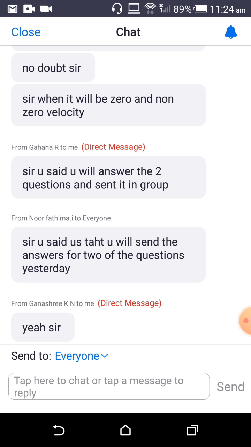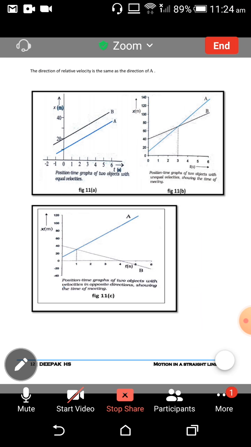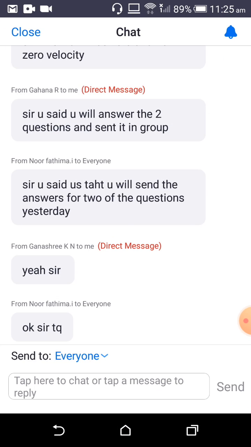One is alpha is equal to 1 by t, and one is regarding Young's modulus, I think. Okay. So this is regarding the motion in a straight line chapter.